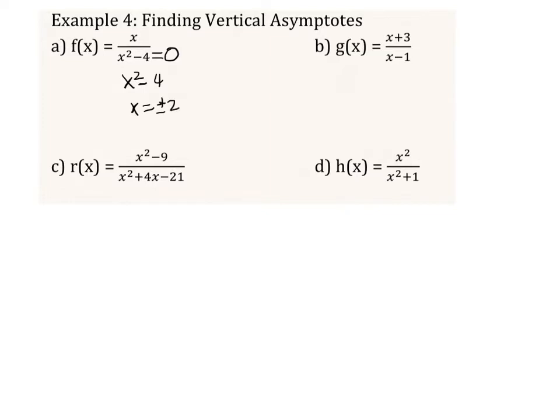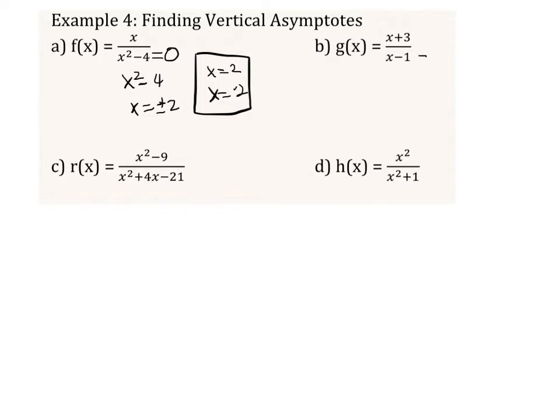And what that tells me is that I have a vertical asymptote at x equals 2 and x equals negative 2. Remember, the equation of a vertical line is x equals some constant, because the y will never change. The y will always be changing, and the x will never change. The x will always be 2, no matter what. So, we have our vertical asymptotes.